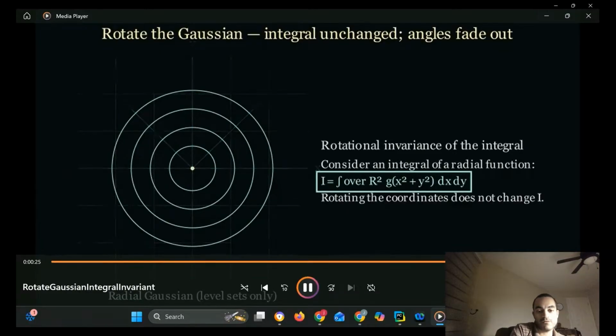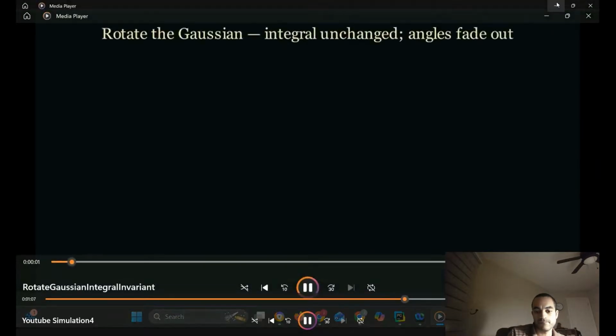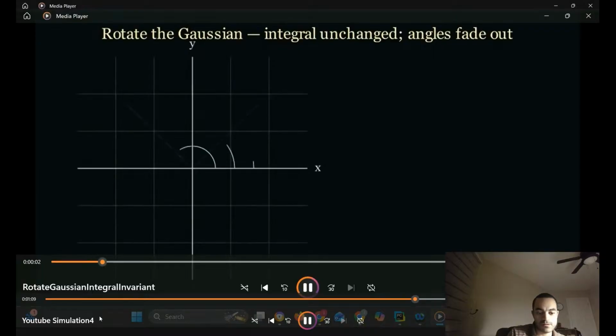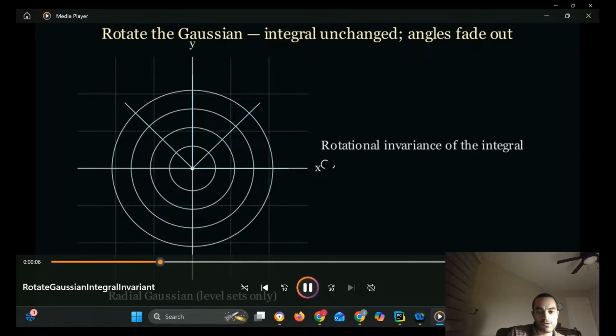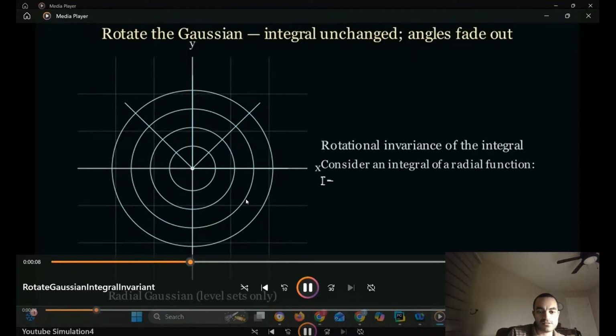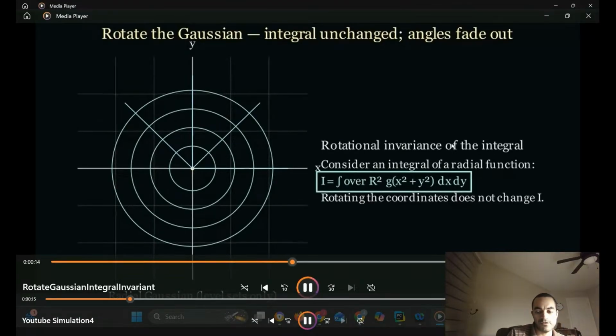Rotating the coordinates will not affect it whatsoever, yes, but there's a hidden word here I want to hear. Anybody know? Let me rewind again. Regardless of how I rotate my coordinate axes in the xy plane, my integral will remain invariant, the one I've highlighted over there.